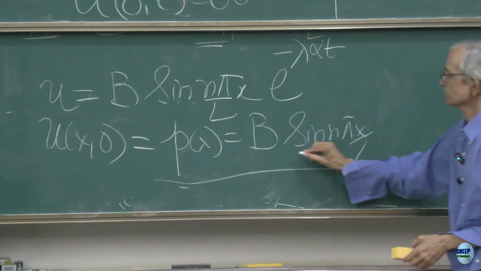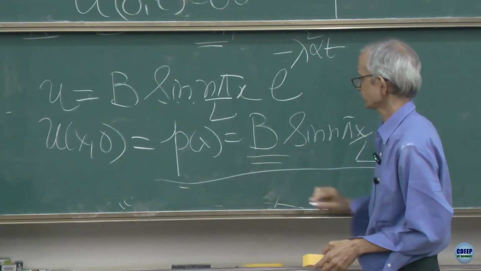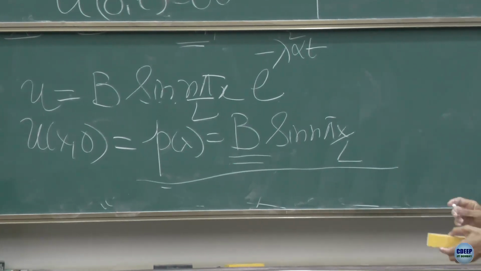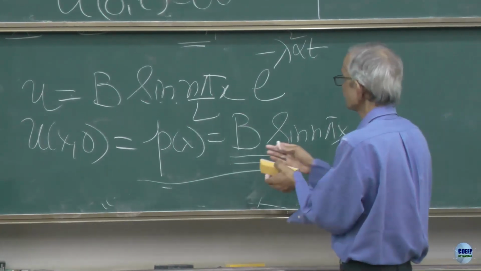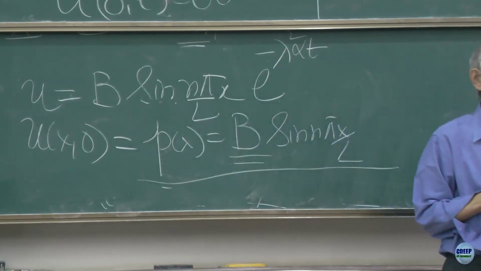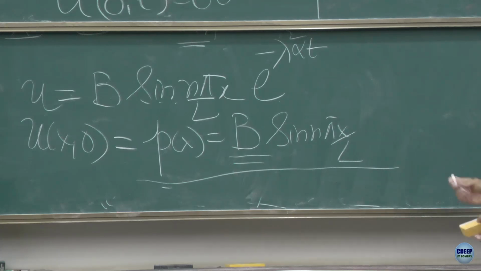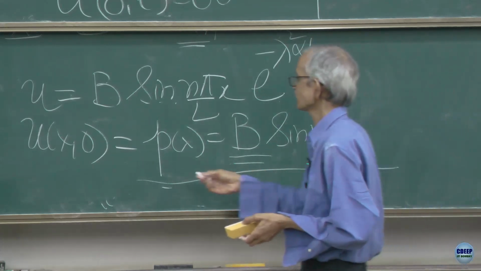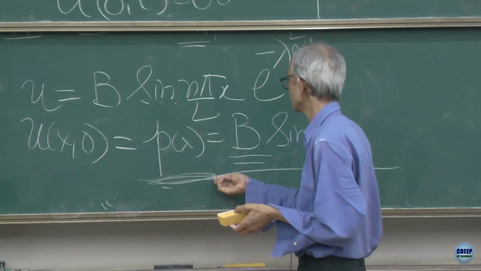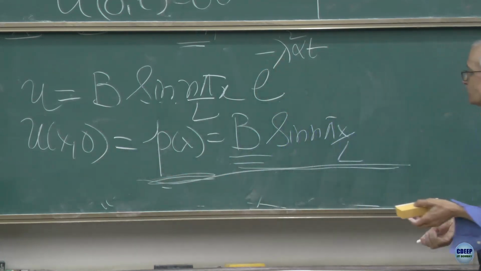Now what is this therefore? I've got something called a b here, which unless I know what that b is, I don't know my solution. So how do I get this b? We said, okay, we are going to use the so-called initial condition. We put our p of x here, and then we put this here.